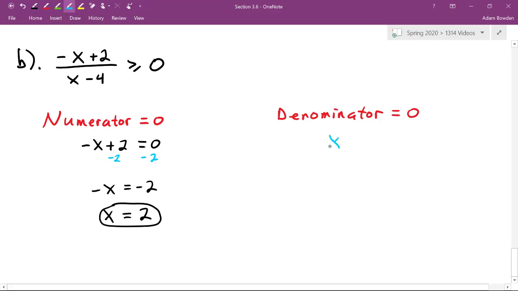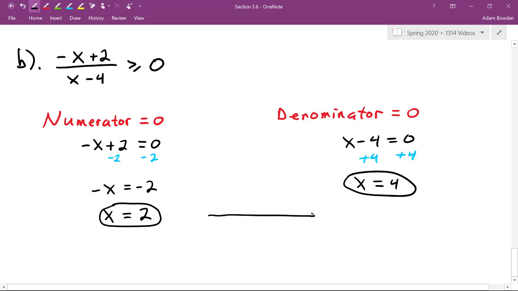And then for the denominator, x minus 4 is equal to 0. So when we add over the 4, x is equal to 4. So two numbers to check on the number line here. We got our 2 and we got the 4. And we need to choose some test values.